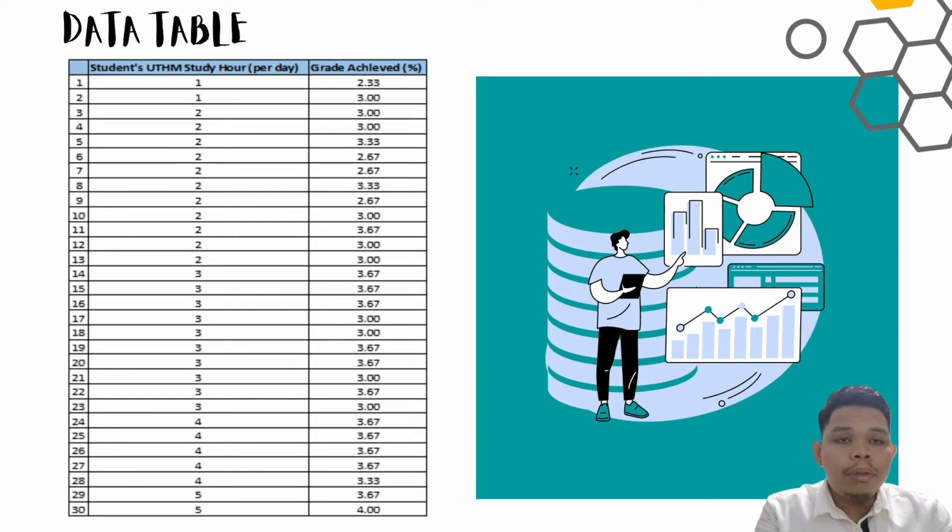Compared to the highest, which is a 4 pointer grade achievement, it is because the study time is 5 hours per day. Students who study 5 hours per day get a 4 pointer.